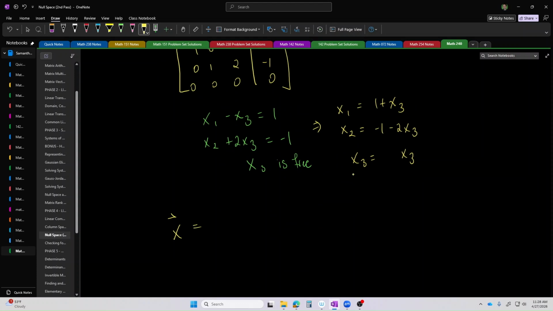A combination of the vector 1, minus 1, 0, corresponding to this 1, this minus 1, and this 0. And then combine that with whatever x3 is equal to times the coefficients here in the back, 1, minus 2, and 1.